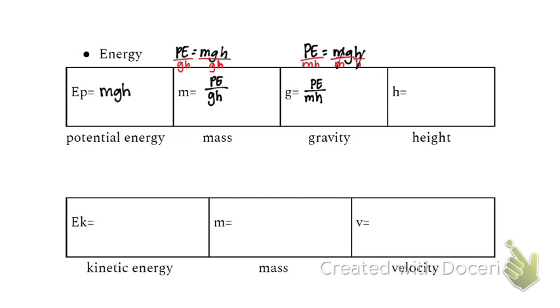And if I go back to the beginning, mgh, to get h by itself, divide by mg. Potential energy divided by mass and gravity.